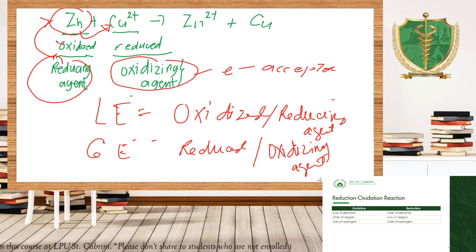Is there a second concept? Yes. Remember, we said that when you lose electrons, you are oxidized. When you gain electrons, you are reduced. Now, what is the other definition of oxidation?